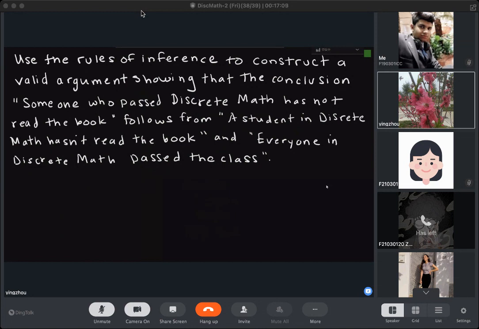So the first thing I want to do, as always, is to come up with which predicates I will use. And in this case, I'm going to let d of x denote x is a student in discrete math.